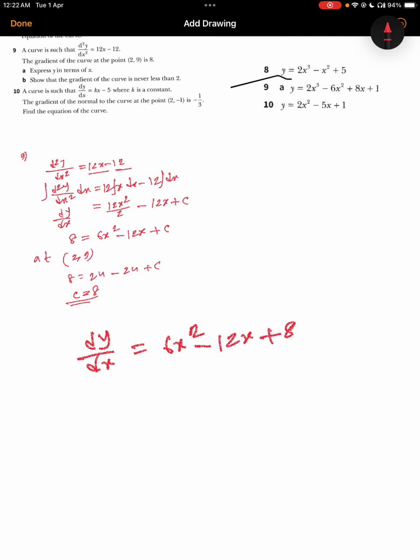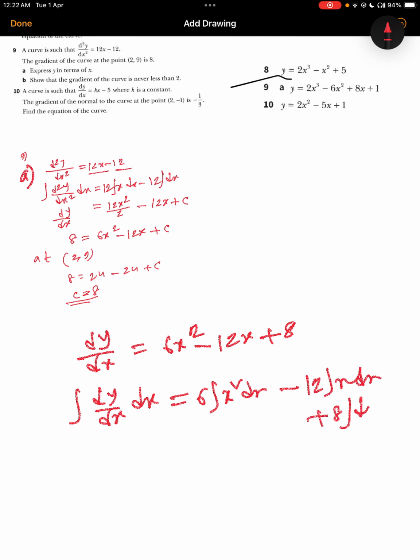This is part A, actually, guys. We have to express y in terms of x, so again integration is needed here. So the integral of dy/dx. 6 we can keep constant in front, so x squared dx minus 12 x dx plus 8 dx. My pen is not working properly, I'm sorry about it.